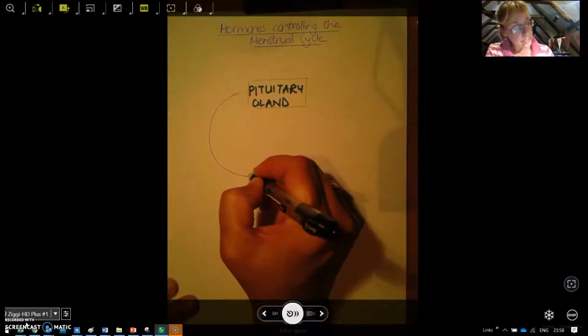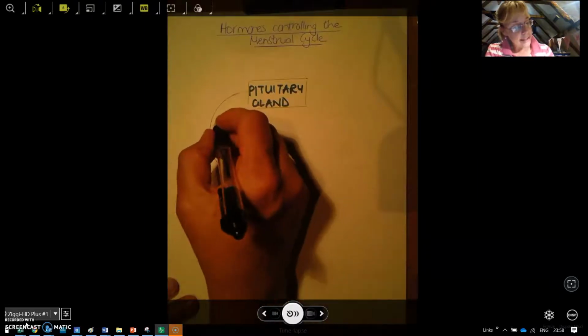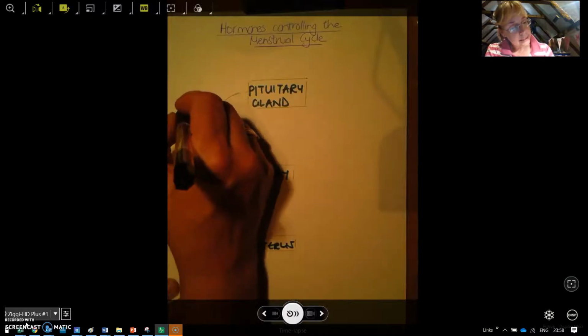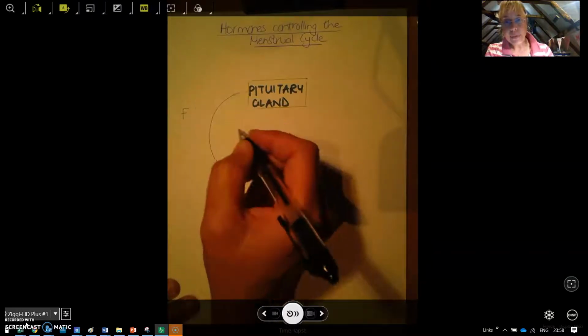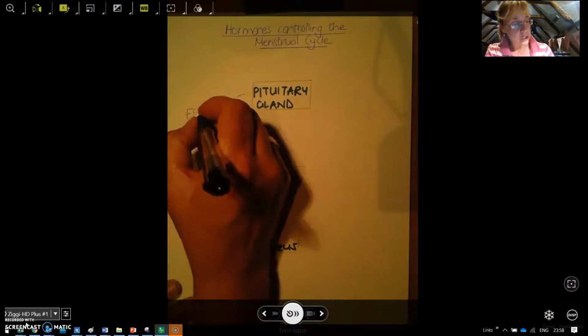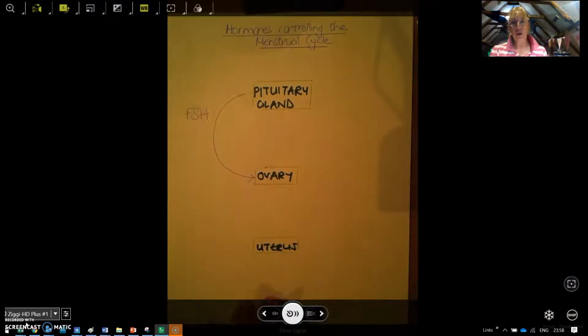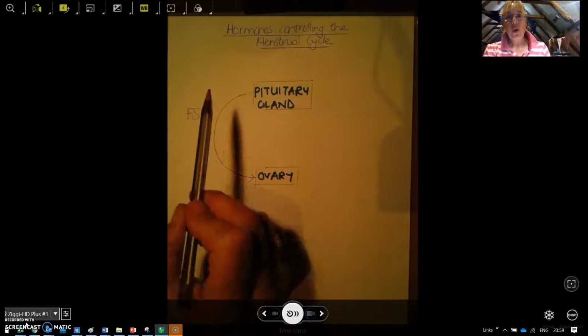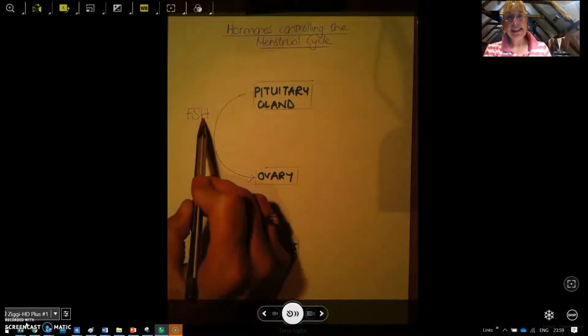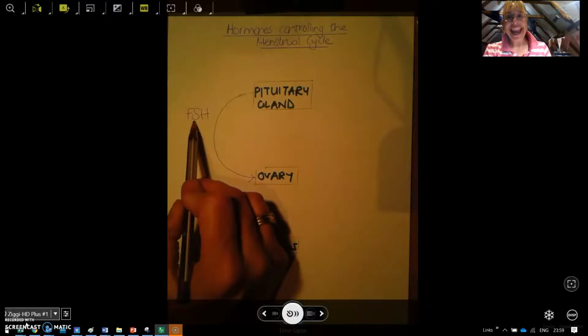The target organ is the ovary, and that hormone is FSH, follicle stimulating hormone. I'm going to change to a different color pen. The follicle is a structure in which an immature egg is found. So the name gives away what it does. It stimulates the immature egg in the ovary.